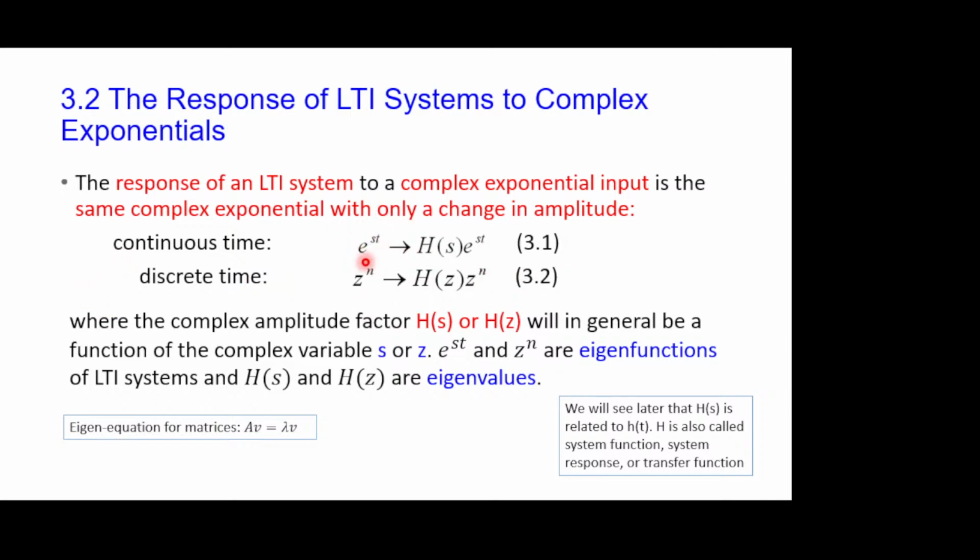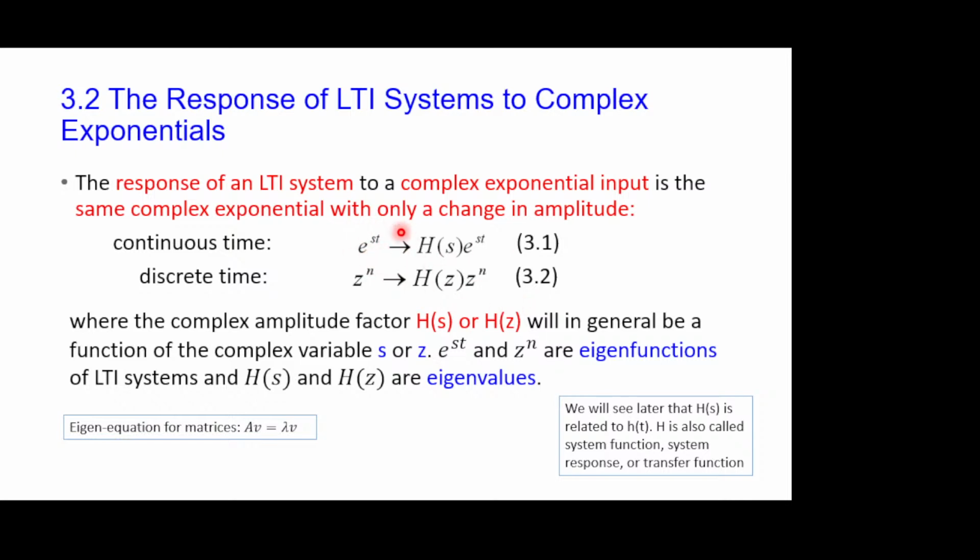That means that when you put e to the st into the LTI system, you get some eigenvalue, which we call H. H is a function of s, because for different s it's a different function. So we get some H of s times e to the st. Similarly for discrete time, the eigenvalue will be a function of z. We will prove these two equations very soon.